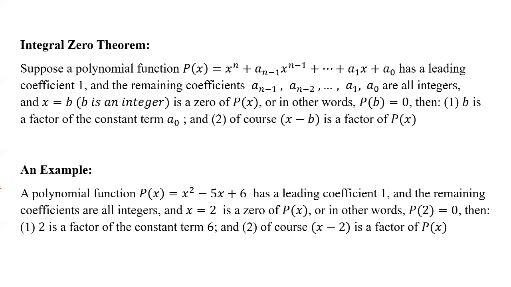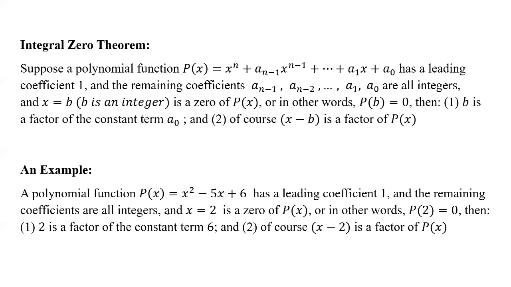Okay, let's see an example. A polynomial function P(x), which is x squared minus 5x plus 6, has leading coefficient 1, and the remaining coefficients are obviously all integers.